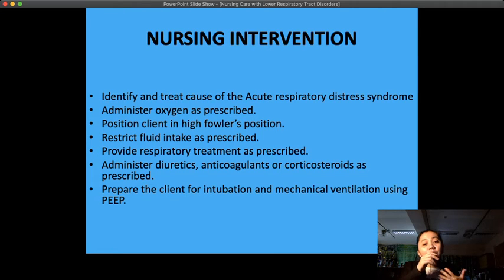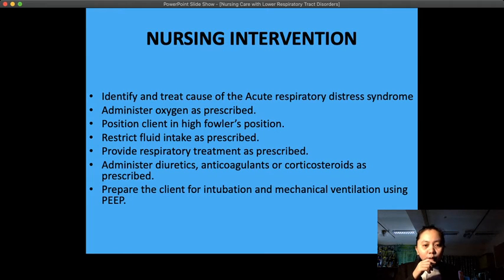Nahihirapan na ngang huminga kasi merong acute respiratory distress syndrome, pinasupine position mo pa. So ano na, 'di ba? So position client in high Fowler's position and then restrict fluid intake. Puno-punuan na nga ang lungs, nagka-distress na nga ang lungs, painumin mo pa ng maraming tubig, so all the more magkaka-accumulation of fluid. So the more na hindi makakahinga.